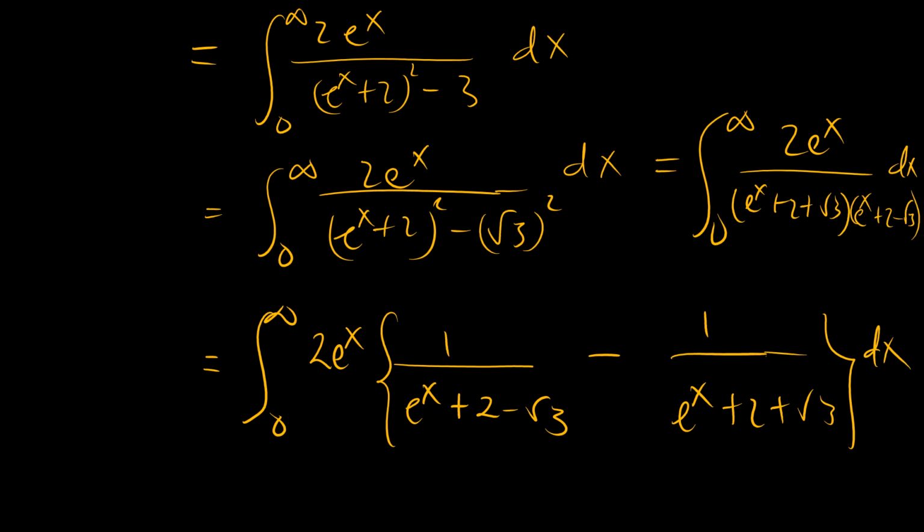So that when you combine it, we have e to the power x plus 2 plus root 3 minus e to the x minus, and so as the denominator we would have to put here 2 root 3, right? And these 2's would cancel.